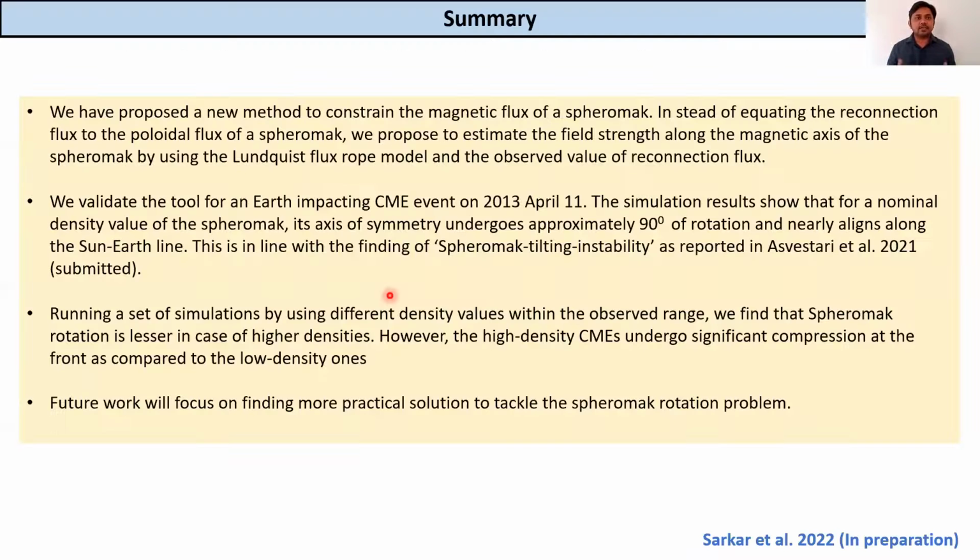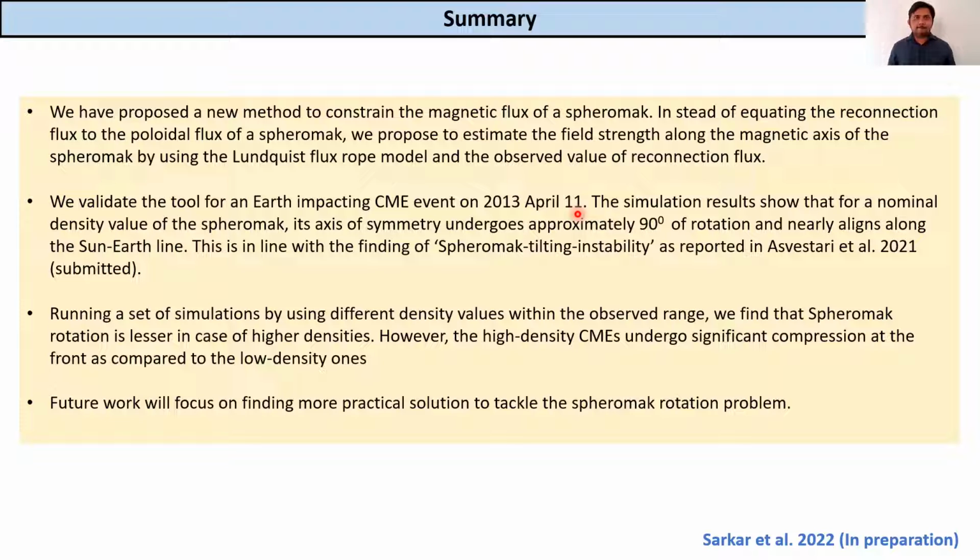So that's the summary: we have proposed new methods to constrain the magnetic flux of a spheromak, although I didn't talk much about this in this talk due to the time constraint. And we validated this EUHFORIA tool for the CME of 2013 April 11, and we see the existence of spheromak tilting there.